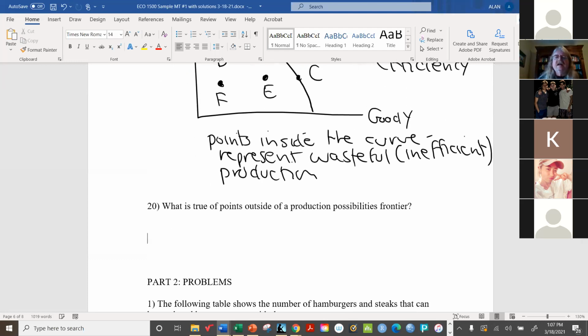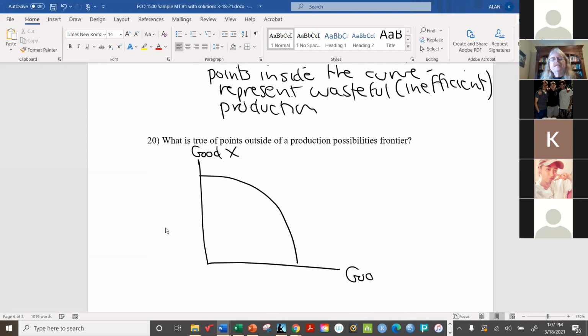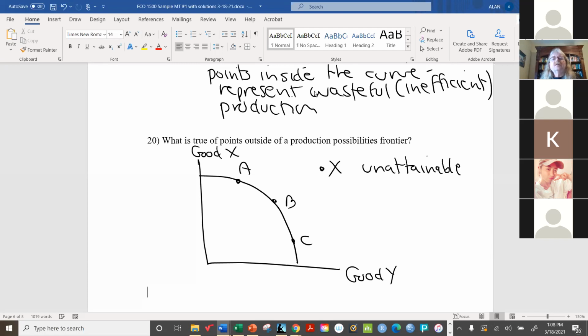Now, outside the curve, then, if these points are actually points of maximum efficiency, well, then what else is there? There's efficient and there's inefficient. Okay, here's A, here's B, here's C. Let's call this point X. You could use the word ideal, but sometimes we call it unattainable, in the sense that it is impossible to produce this output.